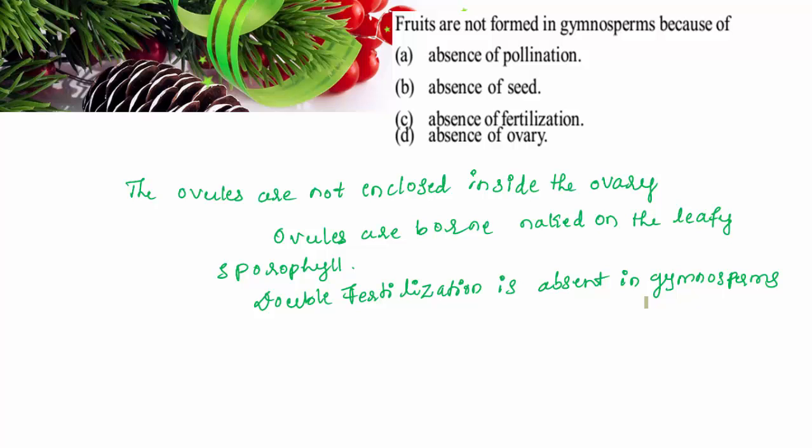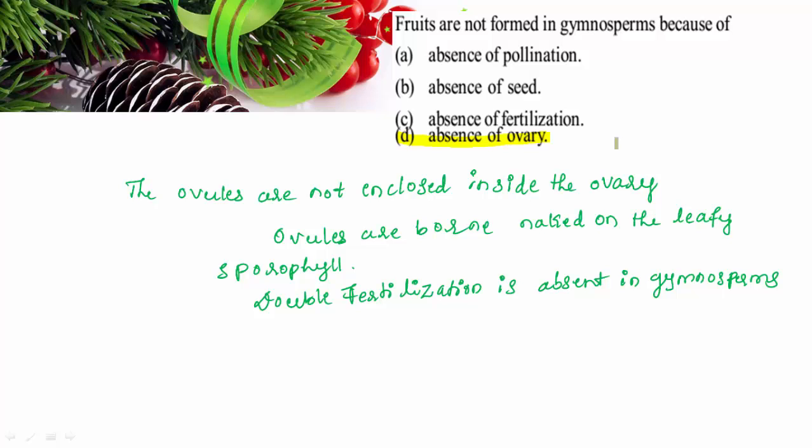The fruits are produced from the ovary. But here the fruits are not formed in gymnosperms. That means the gymnosperms don't have an ovary. Absence of the ovary is the reason for the fruit absence in gymnosperms.